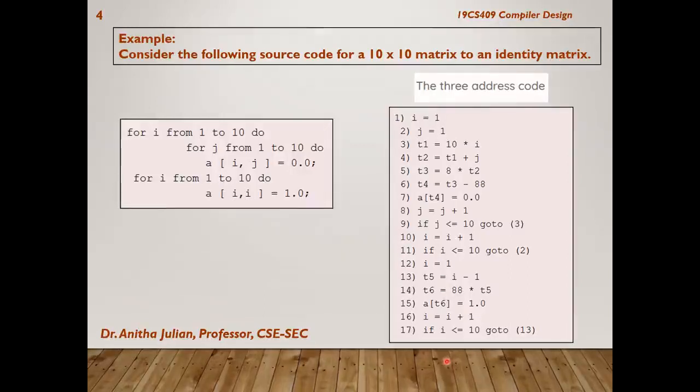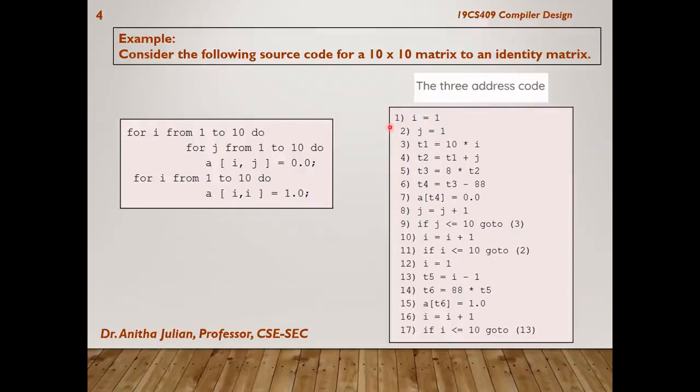So as you can see, what is the first step? Step 1 is to determine the leaders. So as you can see in this code, the very first criteria is the first statement of the 3-address code is a leader. So that way, statement number 1, these are all the statement numbers 1 to 17.